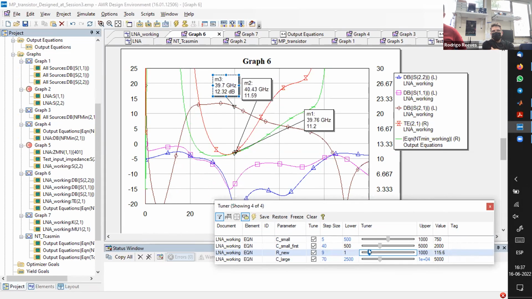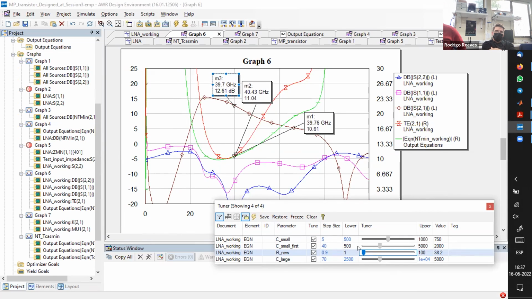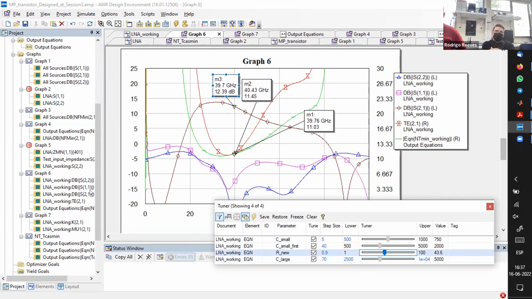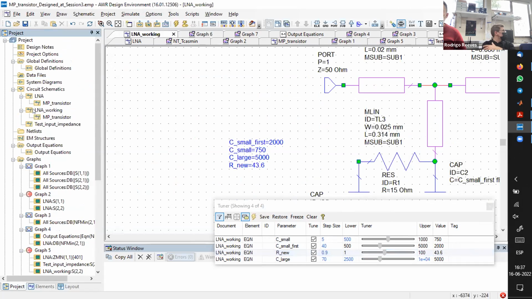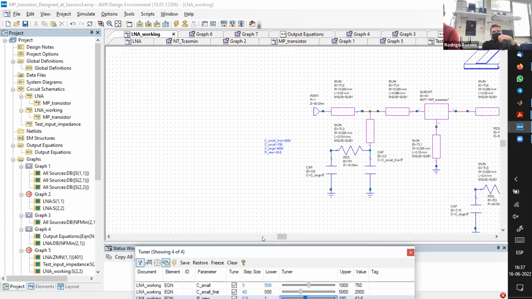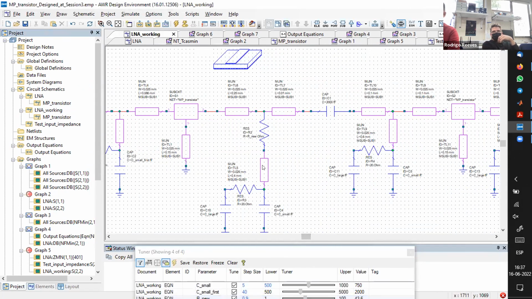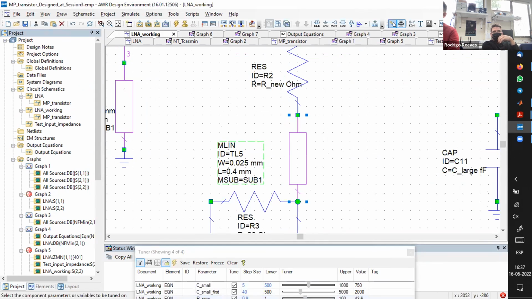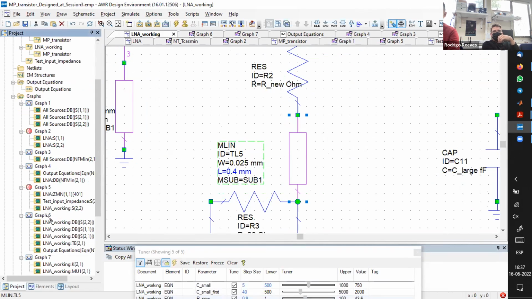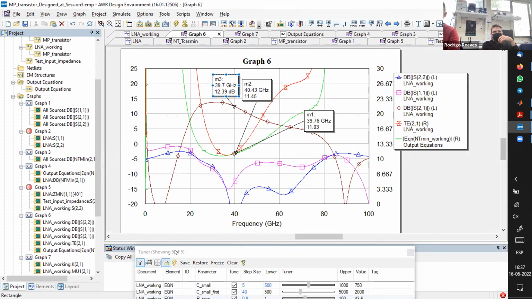I need to look at the noise too at the same time. This one, yeah, that has to be longer. But of course, remember, it will affect a bit of your matching too.